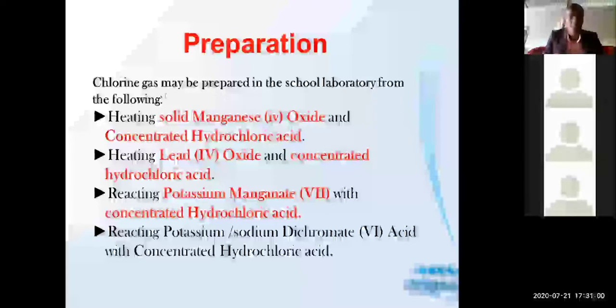There is also another way of preparing chlorine gas, that is reacting potassium manganate(VII) with concentrated hydrochloric acid. If you check, they are just oxidizing agents. That is what you have to know. Also, we have reacting potassium dichromate(VI) or sodium dichromate(VI) with concentrated hydrochloric acid.